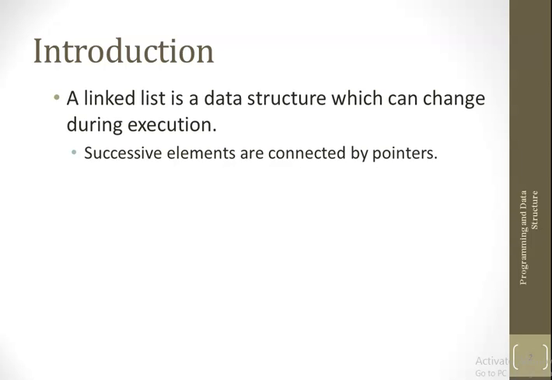Those pointers are holding addresses of these elements. We have already learned that pointers are used for locating memory addresses or memory locations. The last element must point to null, or the address content of the last element should be null.